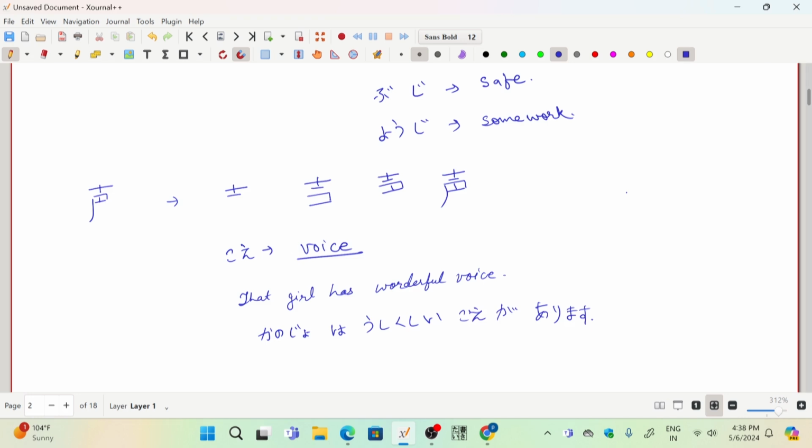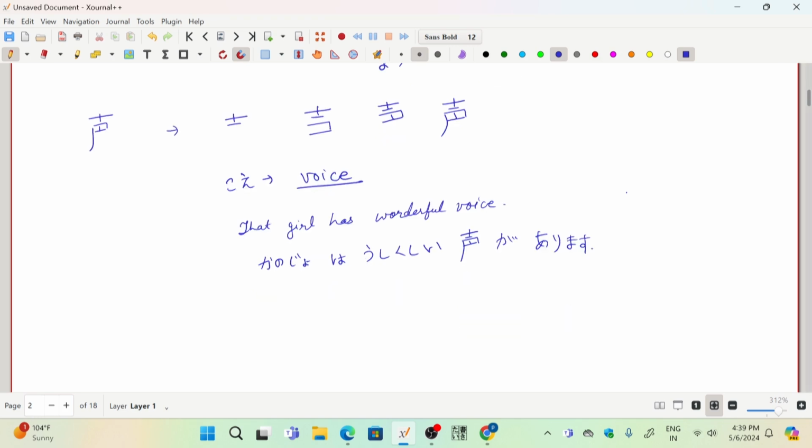Kanojo wa utsukushii koe ga arimasu. We can use, instead of writing koe, this kanji. We can use this kanji with nakimasu and it will become nakigoe. So nakigoe is sobbing.